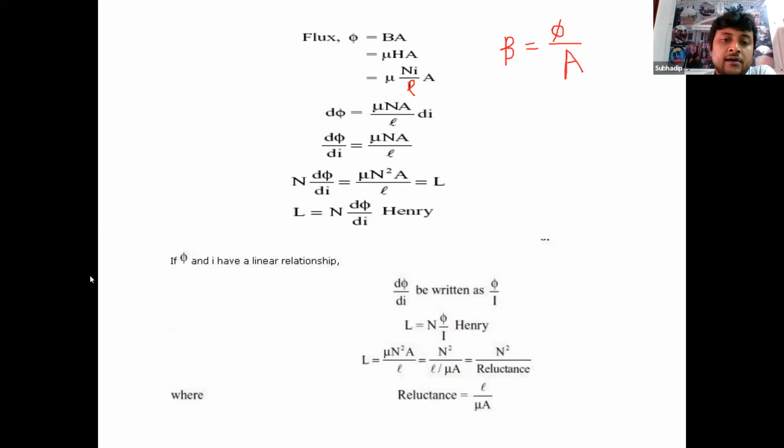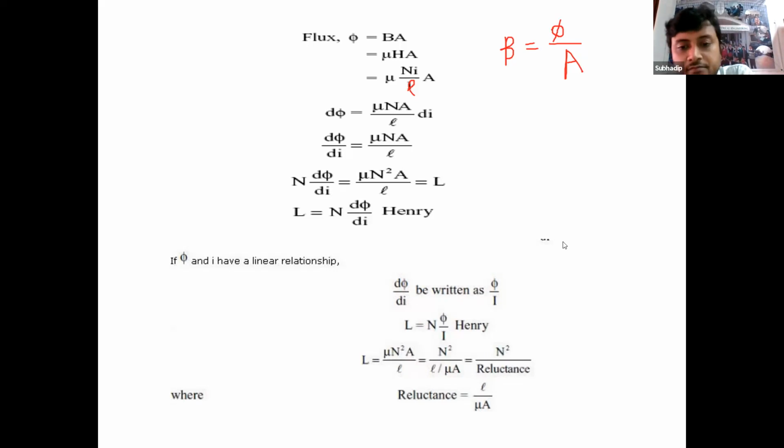Now if phi and I have a linear relationship, in that case if they are linear, we can easily remove the very small value. So in that case d phi can be represented with phi, and the instantaneous value di can be represented with capital I, the RMS value.